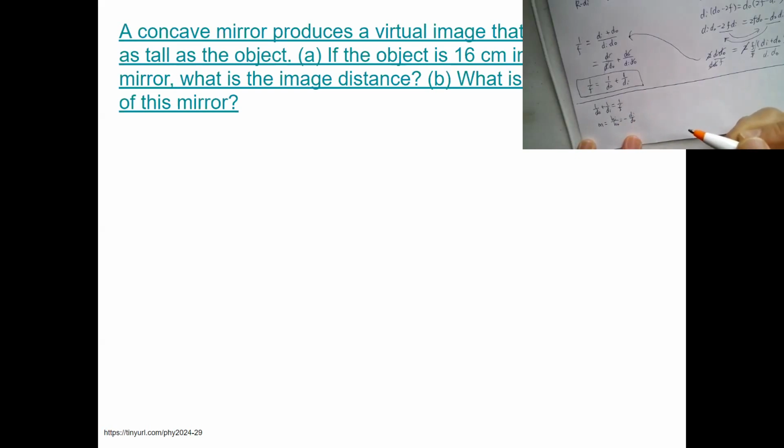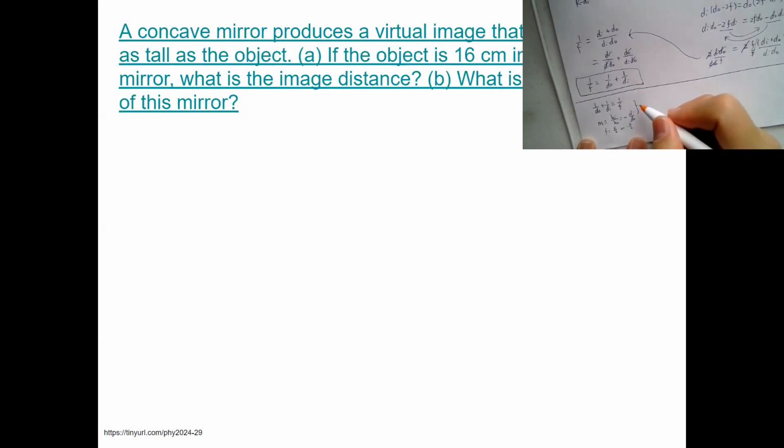The third equation we don't usually use a lot, but it's the simple equation that f equals either r over 2 or minus r over 2, depending on if you have a concave mirror or a convex mirror. But the two main equations apply to both concave and convex mirrors.